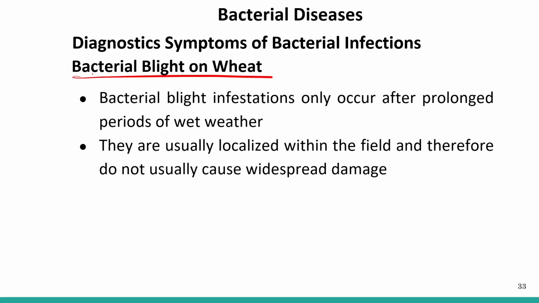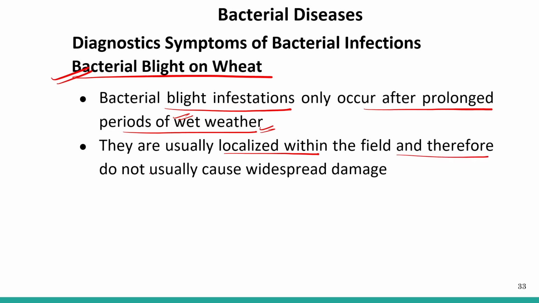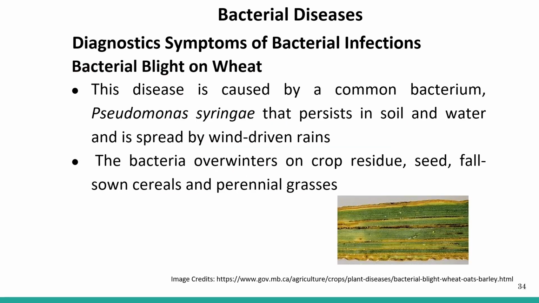Bacterial blight on wheat is a very important disease caused by bacteria in wheat. Bacterial blight infestations only occur after a prolonged period of wet weather. They are usually localized within the field and therefore do not usually cause widespread damage to the cropland.